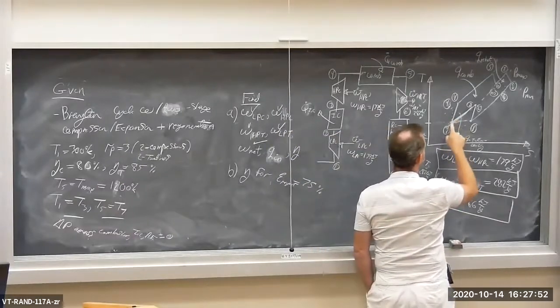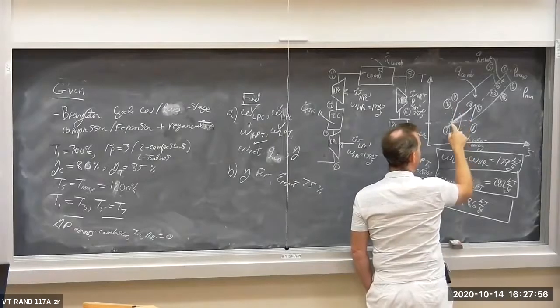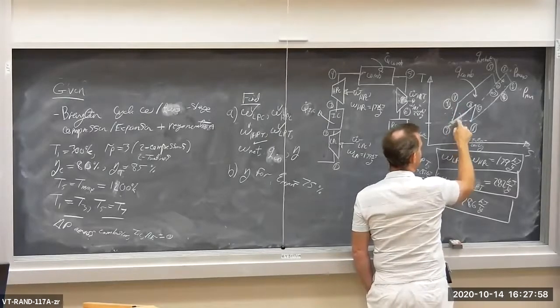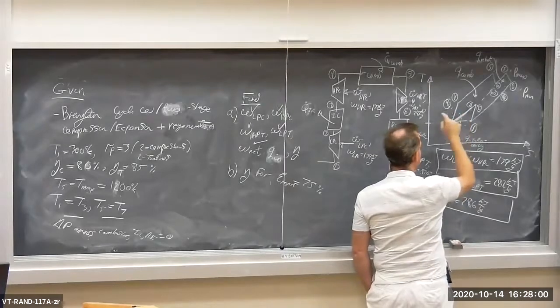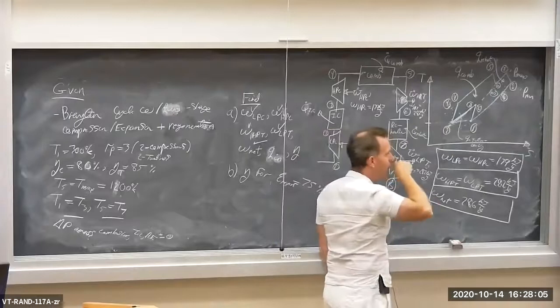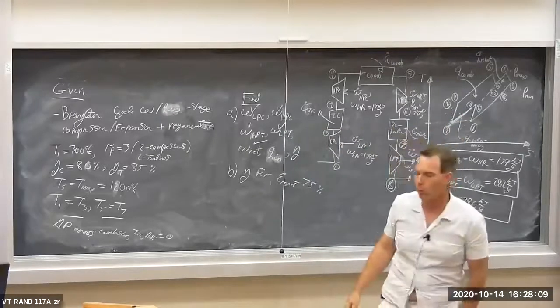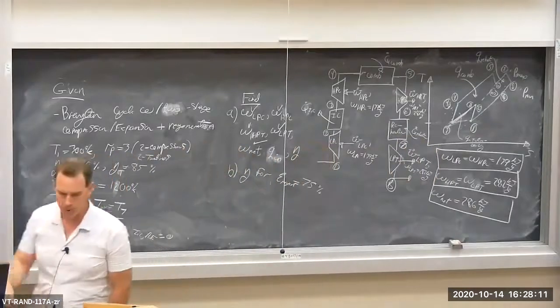So here's H4 right here. If I apply the energy balance to the high pressure compressor, I will get that H4 is equal to H3 plus the specific work for the compressor.